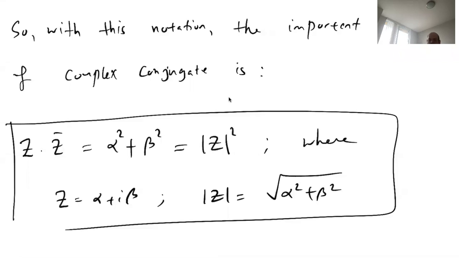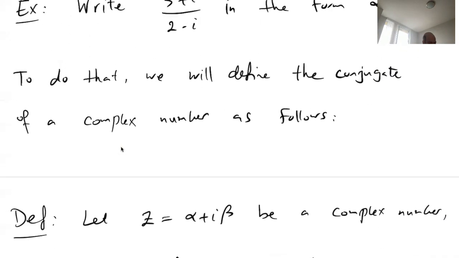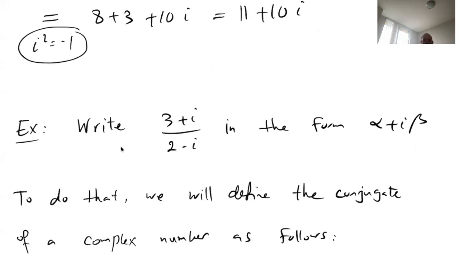So when you multiply a complex number by its conjugate, you get a real number as a result. See, the complex number I has disappeared here. In the original number z, we had I, alpha plus I beta. But when I multiply with z bar, I will disappear, and z times z bar becomes alpha squared plus beta squared. So if I go back to the example here, I want to make sure that the I in the denominator disappears, because then I will have a number of the form alpha plus I beta.